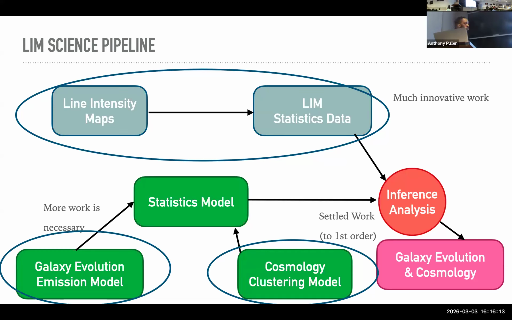But what is really necessary is modeling galaxy evolution: first knowing how galaxies evolve over time, and then connecting that to emission signatures. It's a really hard problem, and much work is being done on it, which is where I find myself. To use line intensity mapping to its full potential, we need at least some idea of how to characterize galaxy evolution in our model so that we can do inference.